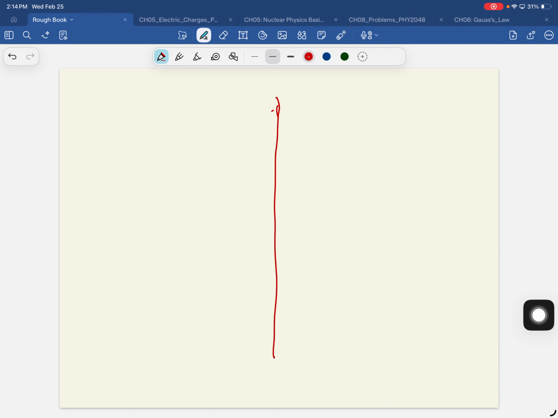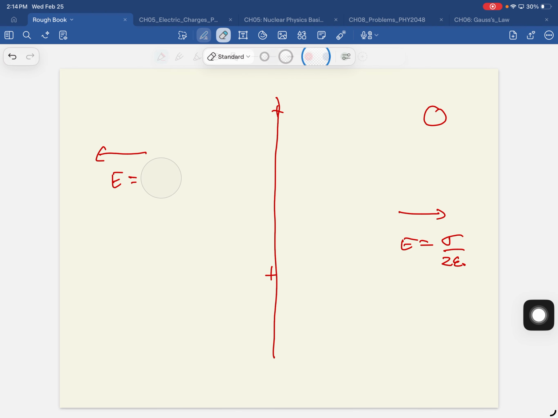What is the electric field inside the copper metal? The same as the room. What happens is, copper metal has plenty of free electrons, and those electrons respond.